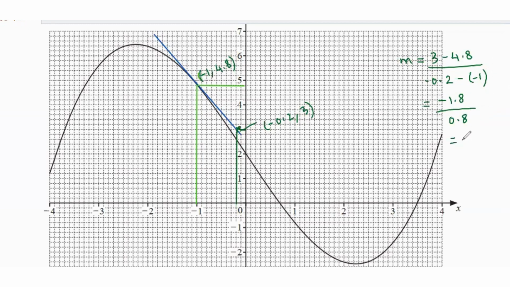And that's going to give us negative 2.25. That is your gradient of the tangent, which is the same as the gradient of the curve.